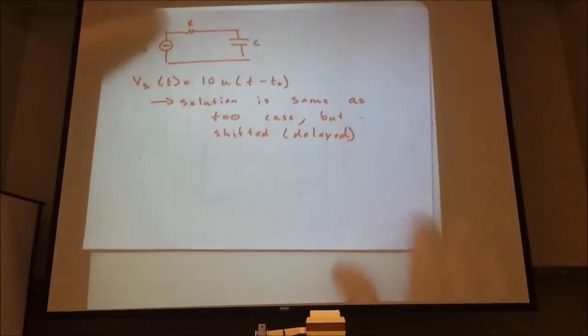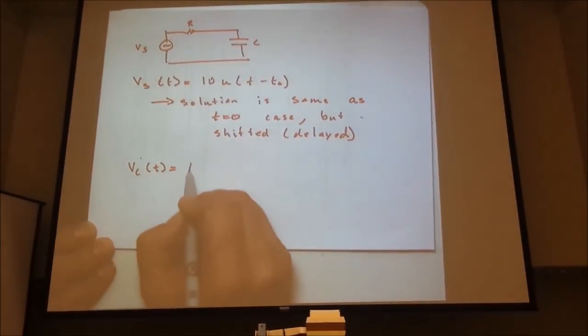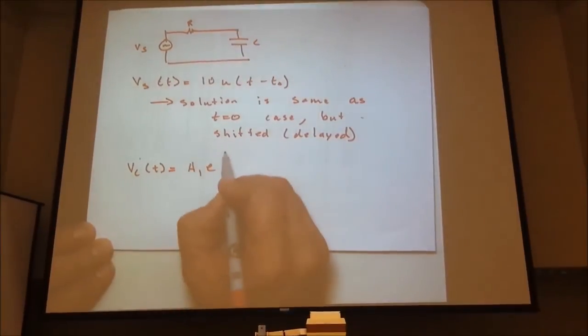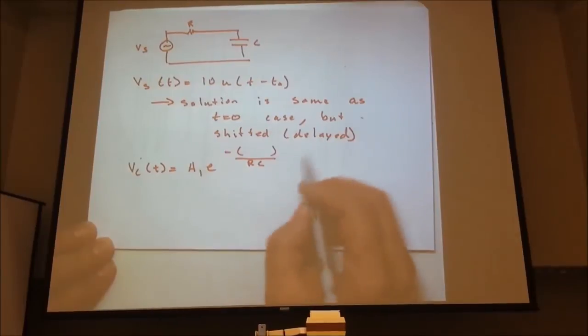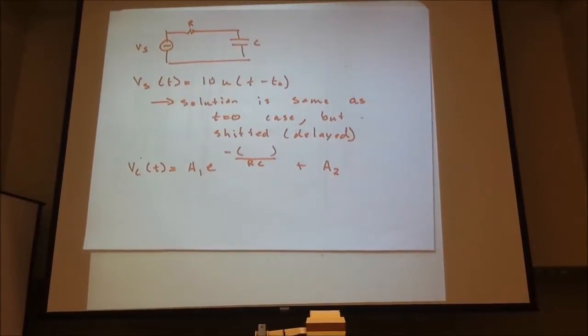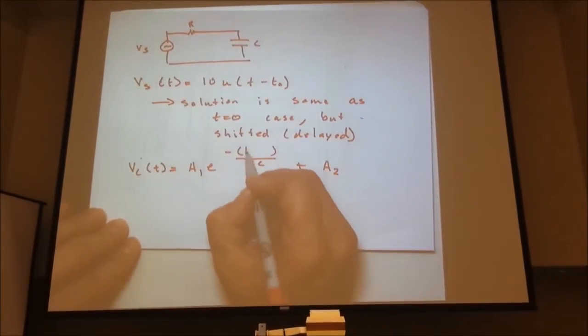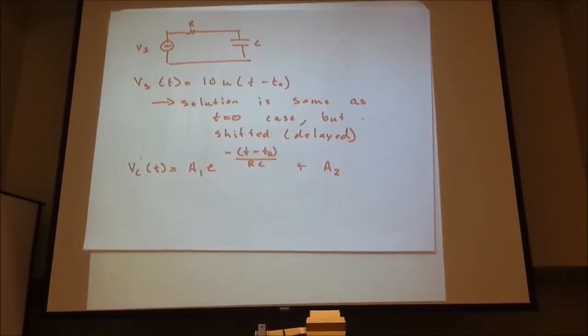So what does that mean for our solution then? Well, V_C(t) is still A1 e^(-(t - t0)/RC) plus an A2. We still have a DC steady state term, and we still have our homogeneous decaying exponential. (t - t0), there's our shift.